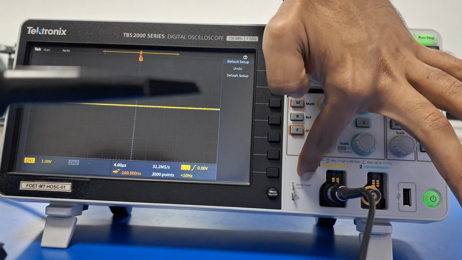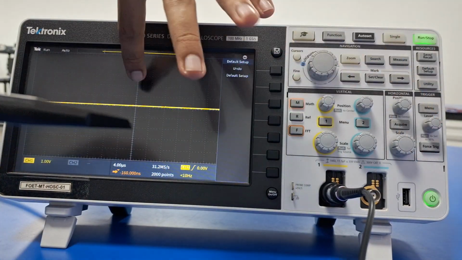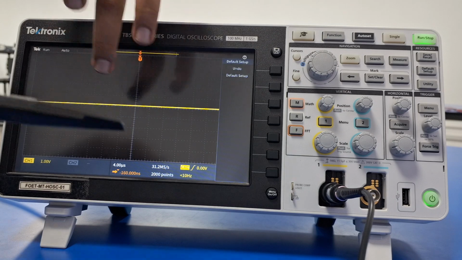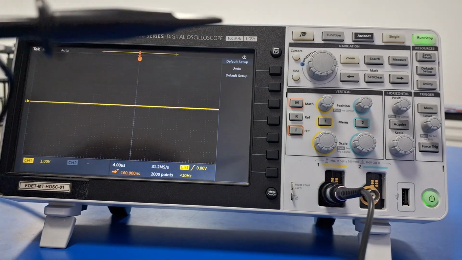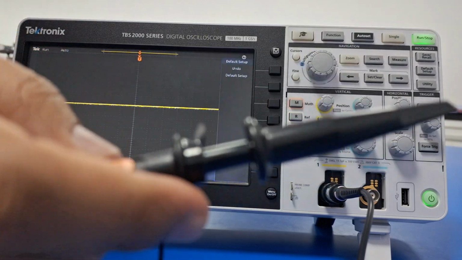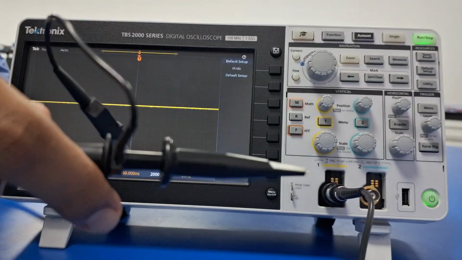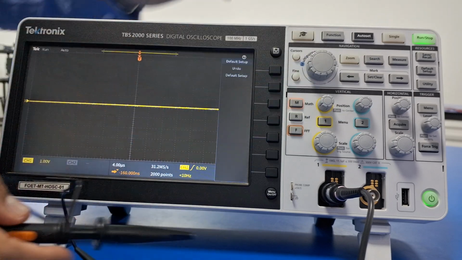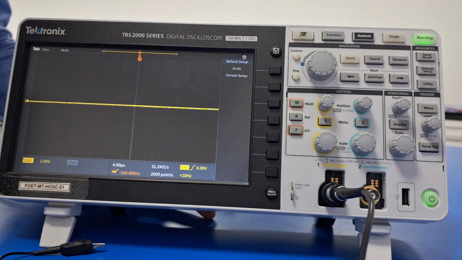For example, if we are inserting 5 volts, we should be able to display 5 volts instead of 50 volts. That is what this selector does. Again, we can take a look at this in more detail once we progress towards the practicals. So this is a brief overview of the oscilloscope.